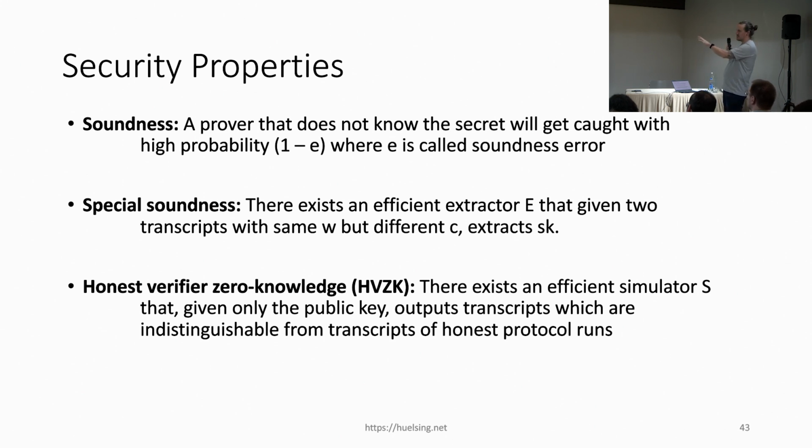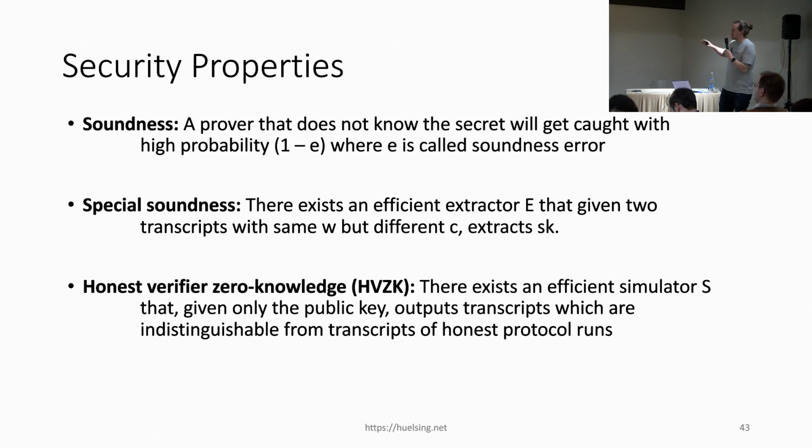If you have something like this, then you actually get nice proofs afterwards for the signature schemes. So this is something that we're aiming for whenever possible, because it's a lot nicer to work with than general soundness. And then we have this other property called honest verifier zero knowledge. And this speaks about the second efficient algorithm, which is called the simulator, which was called Bob before.